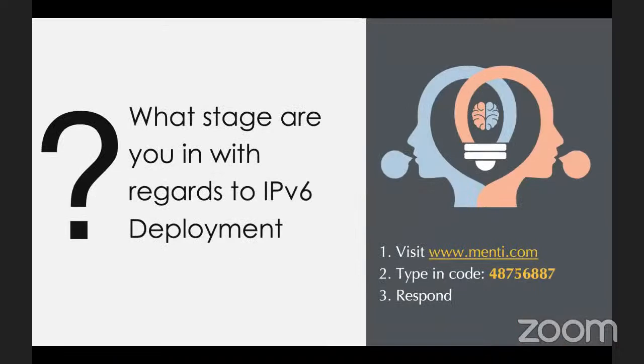So before we begin, I usually like to ask this question every time I run my webinars, just to understand where we are in terms of IPv6 deployment. So I'd like you to head over to menti.com and help me answer this question. What stage are you in with regards to IPv6 deployment?